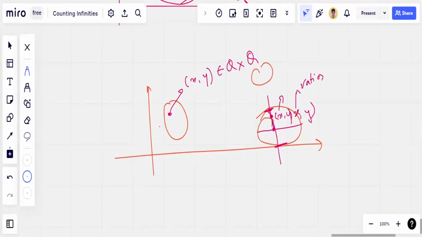Okay. So what I'm saying is, also hi Pranav. Suppose you have a disk, then you can find a point inside that disk, x comma y, such that both its coordinates are rational numbers. So that point is basically a rational point.